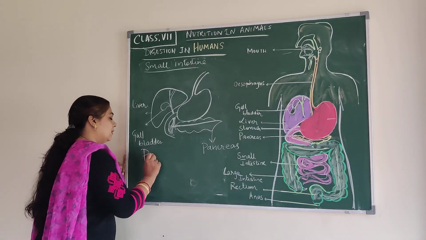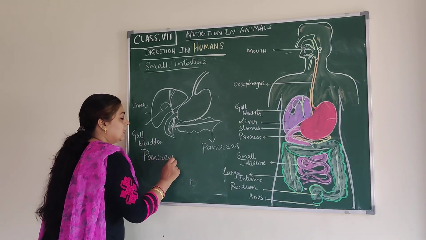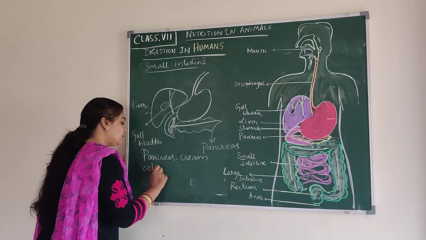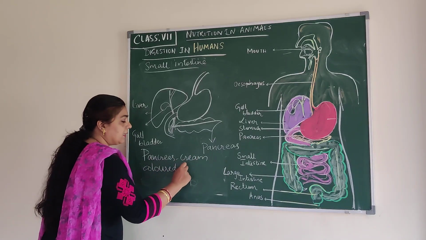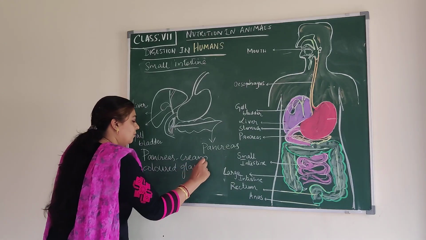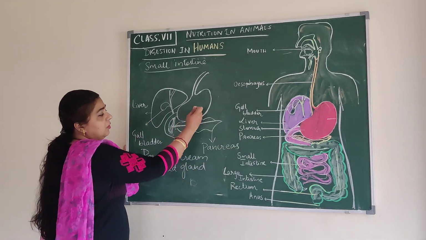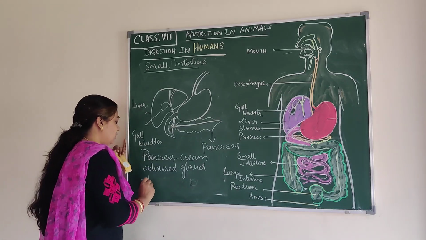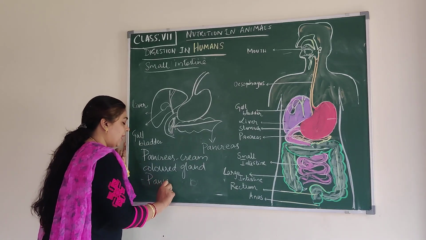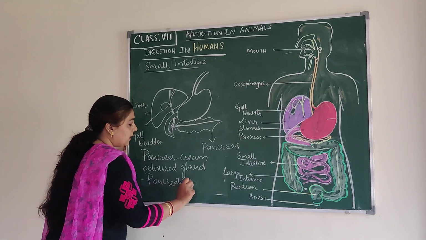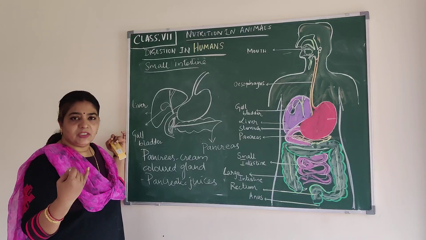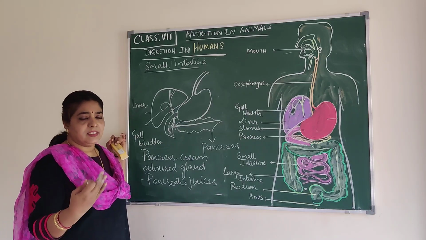So what is the pancreas? The pancreas is a cream colored gland found just below the stomach. It produces many juices, pancreatic juices. These pancreatic juices will also help in digestion of carbohydrates, proteins and fat.